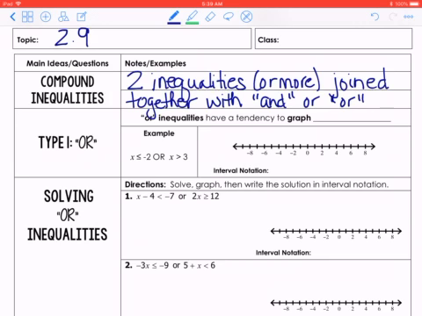So the first type is OR inequalities. Their graph is graphed apart, going in opposite directions. If you look right here, we have one inequality, x is less than or equal to -2. Since it's less than or equal to, it's closed, so I go to -2 with a closed circle and shade to the left.